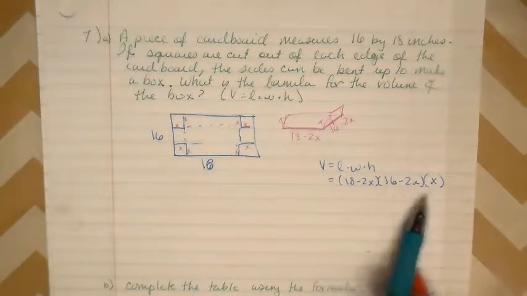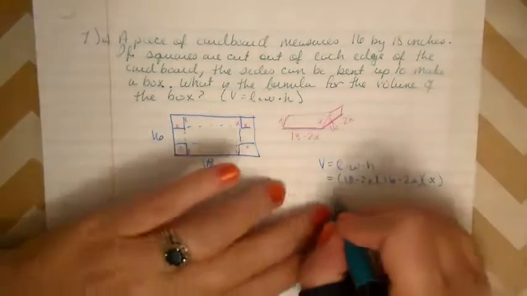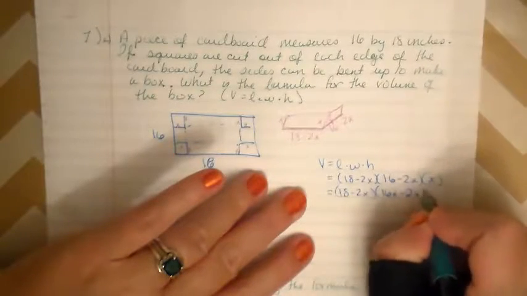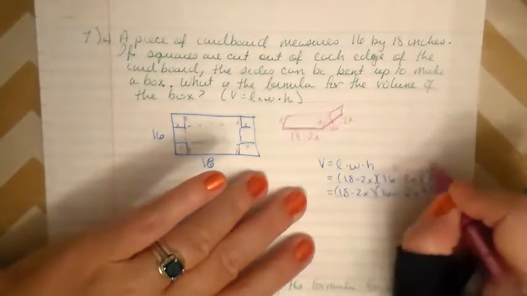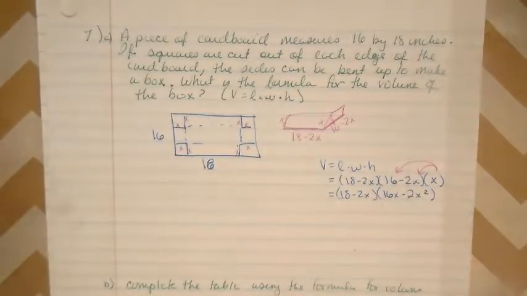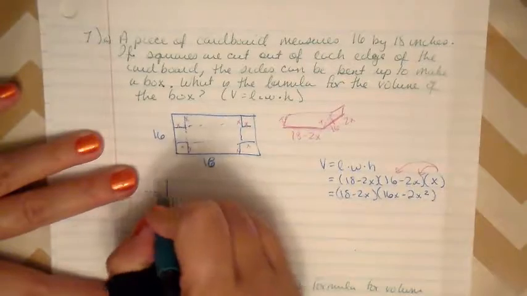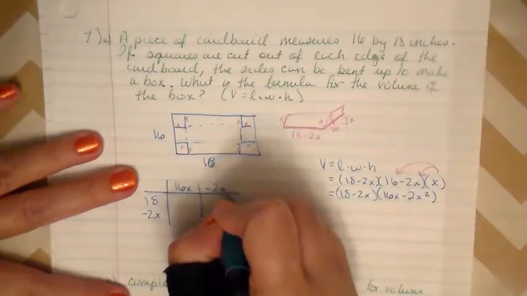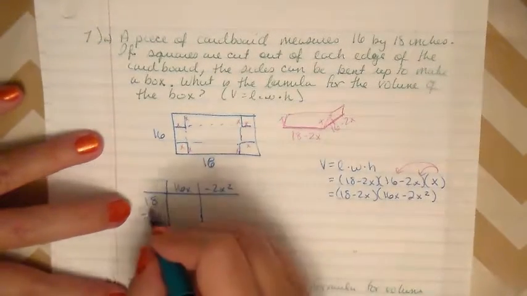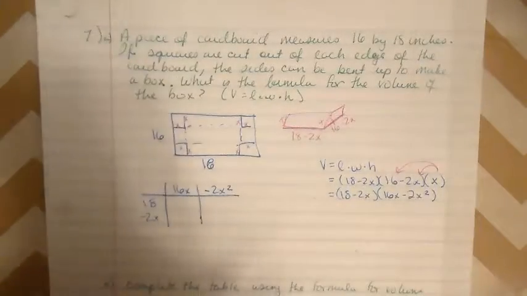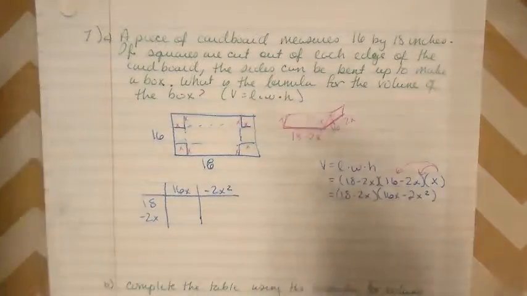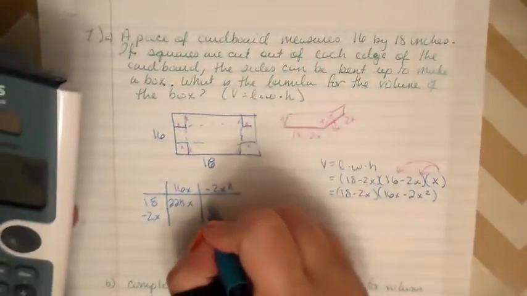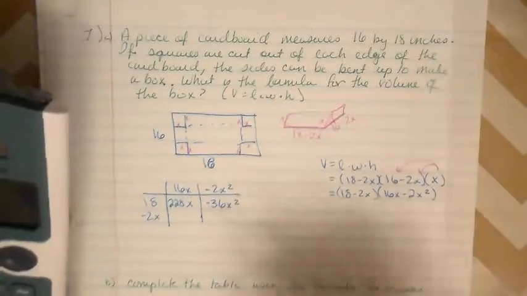I'm going to multiply the x times this one first because that's going to be easier. And I'll get 16x minus 2x squared because I brought this x in. Then I can make a table or I can do FOIL. I'm going to make a table, or you can FOIL, either one works. 18 times 16 I did not memorize, but it is 288x. 18 times 2 is 36, so I have negative 36x squared.